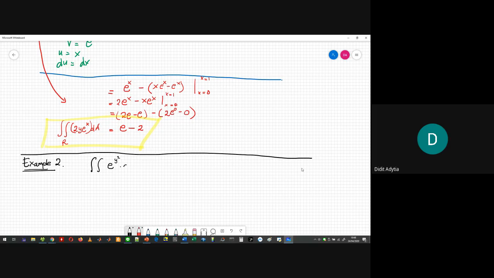Okay? And then this is dy dx. And then y itself is from x over 2 up to 2. And then the x itself is from 0 to 4. Okay? Calculate this integral.